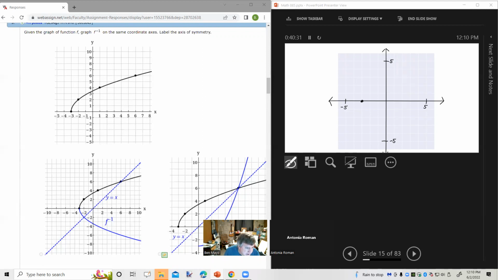So we've got this, and then this, and 1, 4, and 6, 6. So there's the picture that we have to start with. So that's the graph of f. Now, the axis of symmetry is basically y equals x. So let me put that on there.